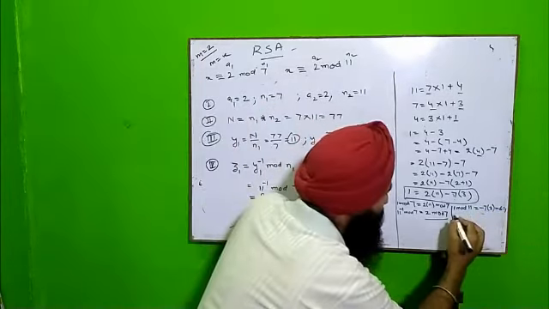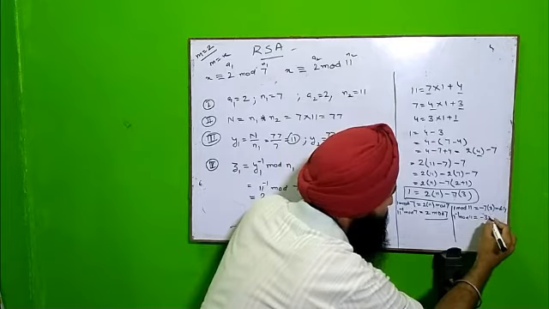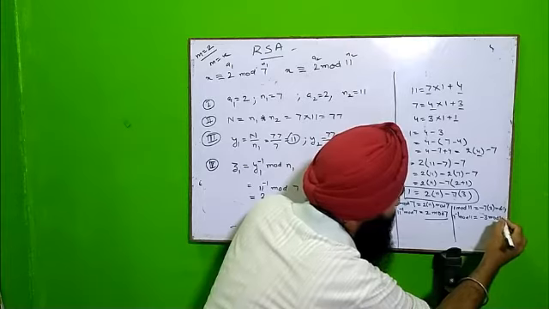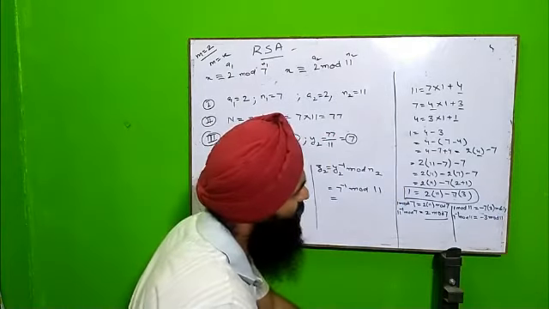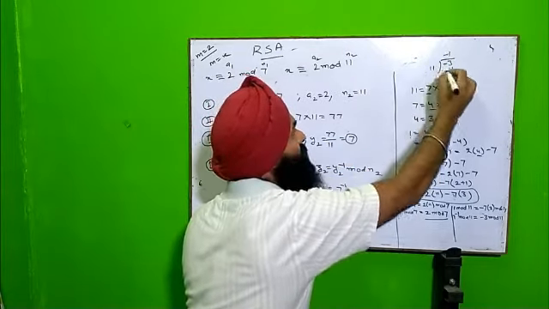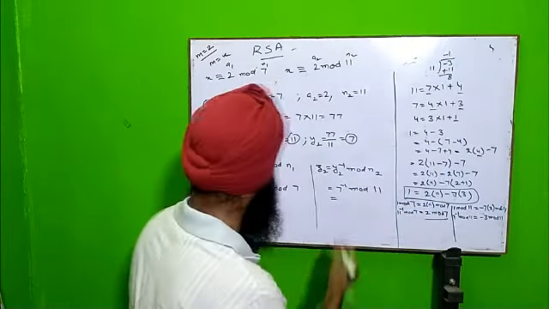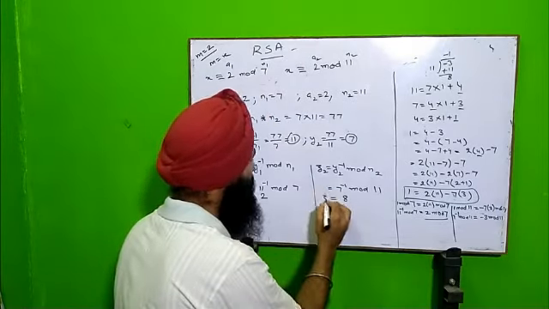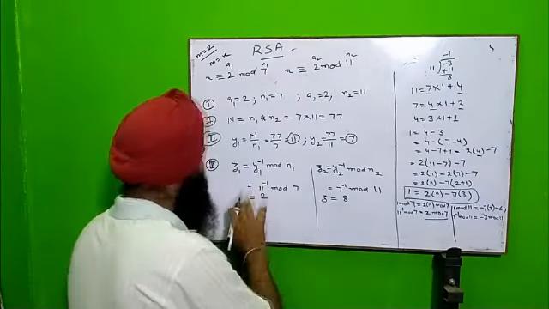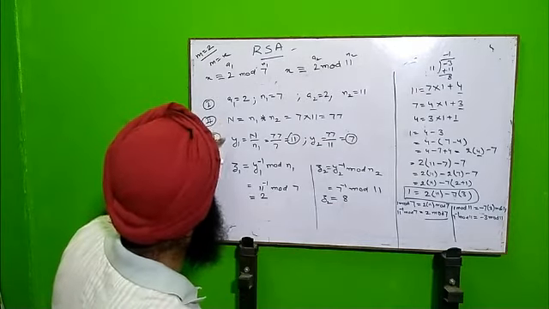Now we will have minus 3 mod 11, so minus 3 mod 11 is 11 minus 3, which is 8. So we will have 8 over here. This is Z1 and this is Z2. Okay, so we have calculated A1, Y1, Z1.